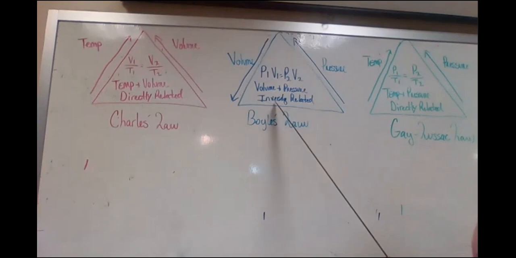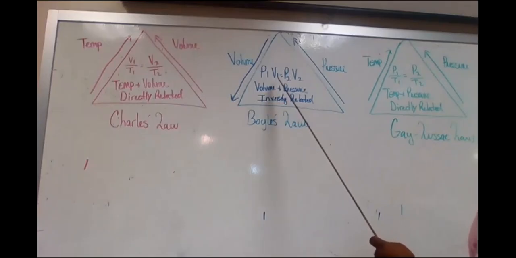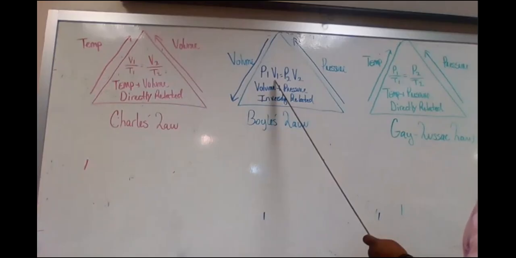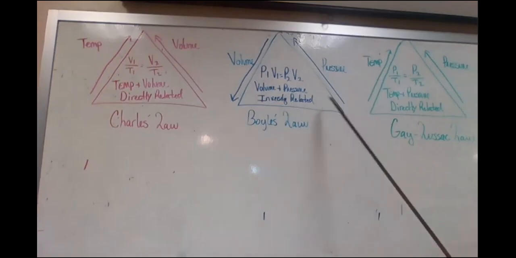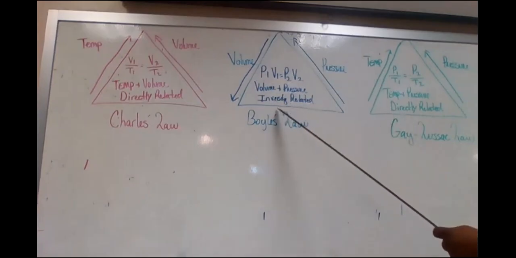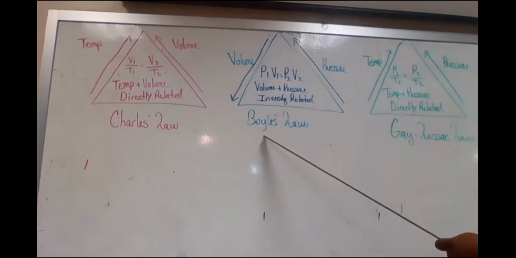Volume and pressure are inversely related, signified by pressure 1 times volume 1 equals pressure 2 times volume 2, because you do multiplication in your algebra. They're inversely related. Okay, remember that. If you see inversely, they're talking about Boyle.